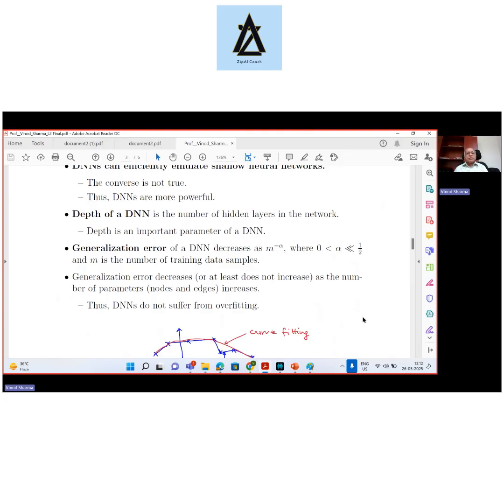Another thing is the generalization error. Now, what is generalization error? As we are going to discuss later on, the deep neural networks are supposed to approximate some functions. For example, they are supposed to provide a classifier or a regressor for some applications.